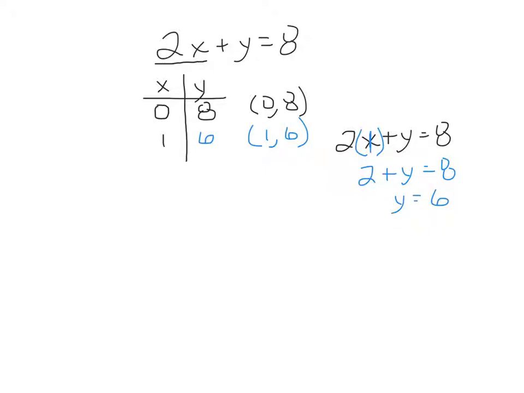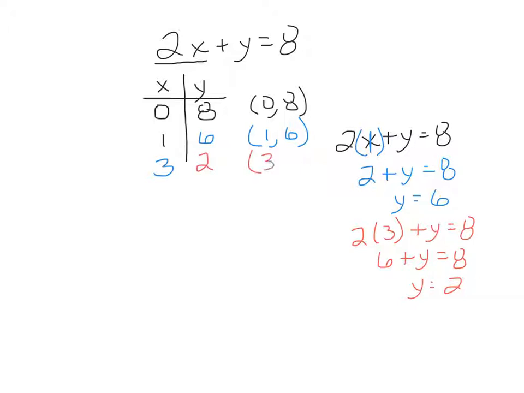As I said, you can choose anything that you want to for these. I could skip 2 if I wanted to and try x is equal to 3. If I did that, I'm going to put 3 in for the x in my original equation. 2 times 3 plus y is equal to 8. And then 2 times 3 is 6, so I have 6 plus y is equal to 8. So then y would have to equal 2. So another possible solution would be the ordered pair 3, 2.